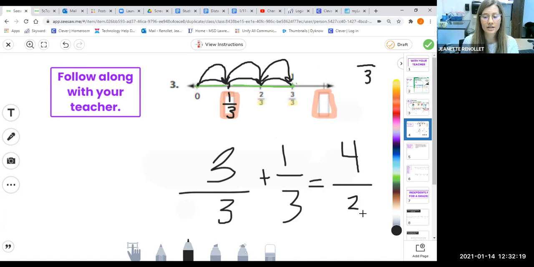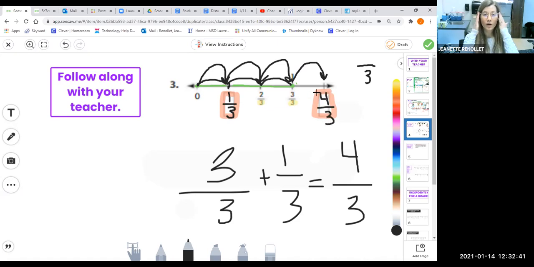My denominator is still going to be 3 because we have 3 equal parts in one whole. So if I do one more jump, we will call this one 4/3.